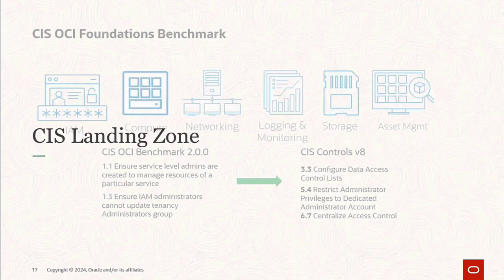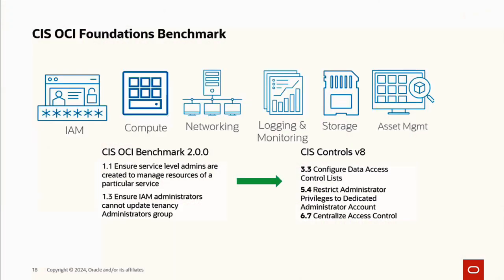So to get everyone on the same page, I'd like to talk a little bit about what the CIS is, the Center for Internet Security, and what its main deliverables are. The Center for Internet Security is an independent, community-driven, nonprofit organization in the cybersecurity space that essentially defines industry-agnostic security best practices for IT and systems in general.